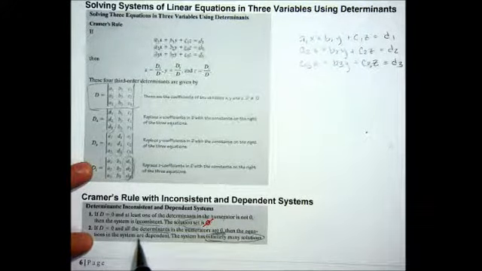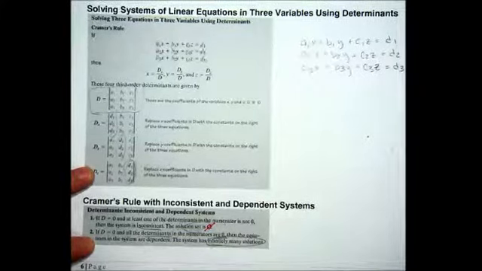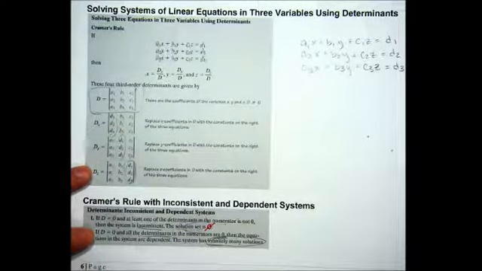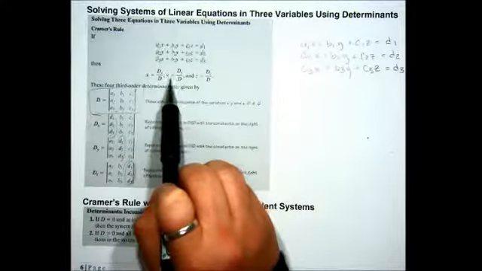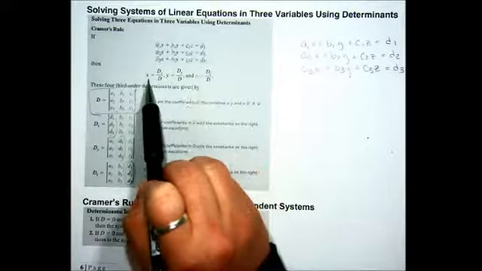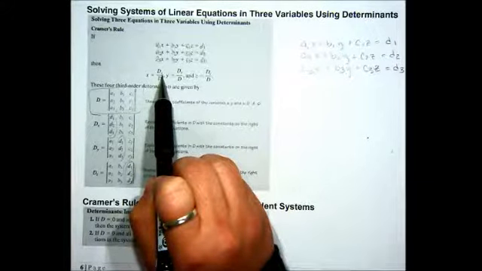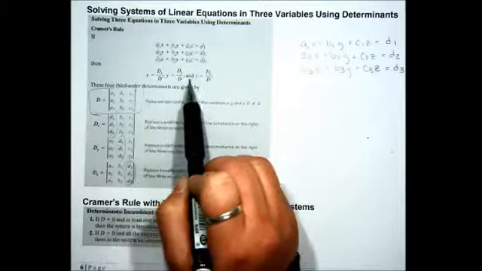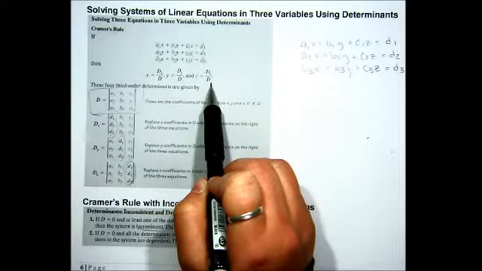If, however, your capital D is 0, but all of the numerators are 0, then there are infinitely many solutions. And you might be wondering, what do I mean by numerator and denominator? Cramer's rule gives you solutions for x, y, and z. X is Dx over capital D, y is Dy over capital D, and z is Dz over capital D.